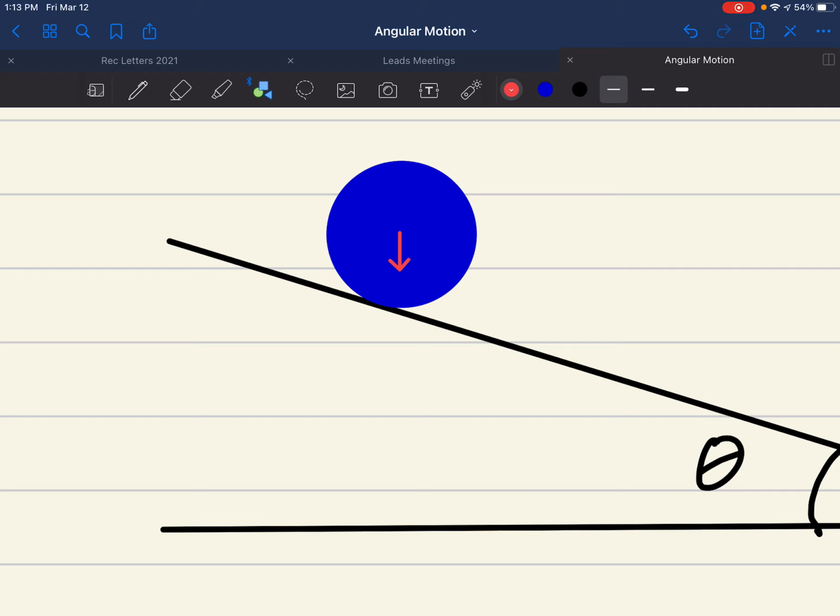Let's call it mg. We're also going to have normal force, acting towards the object right there. And then there's also going to be friction, pointing that way. It probably shouldn't be quite that big.